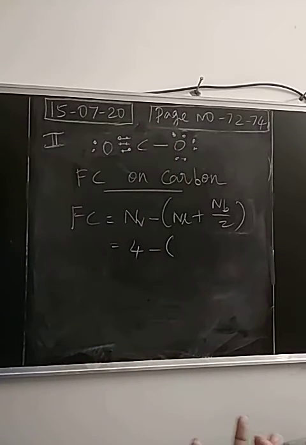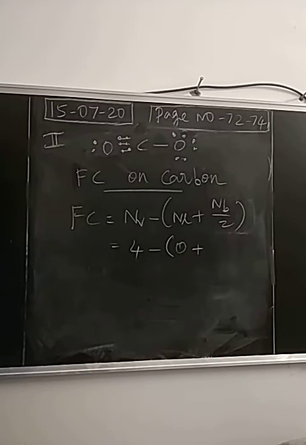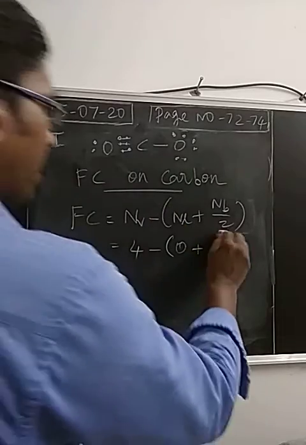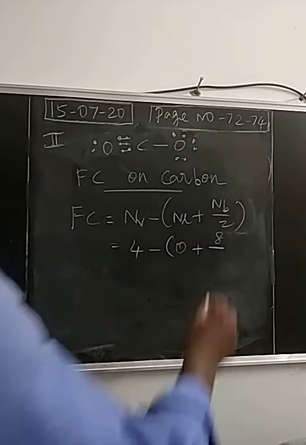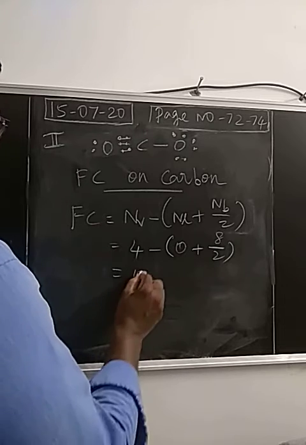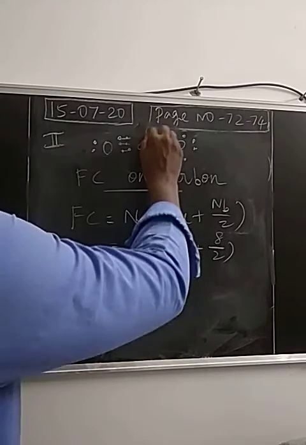Here we don't have any lone pair, 0, plus number of electrons present as bonded pair. So totally 8: 2, 4, 6, 8. So 8 electrons present as bonded pair divided by 2. So 4 minus 4, 0. Formal charge on carbon is 0.